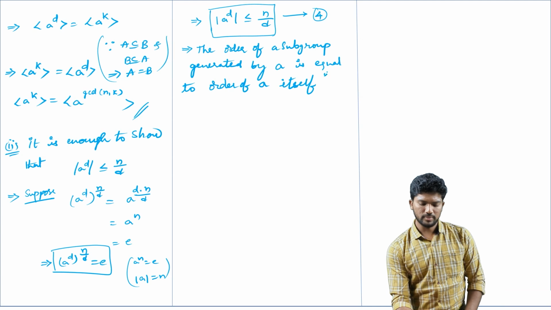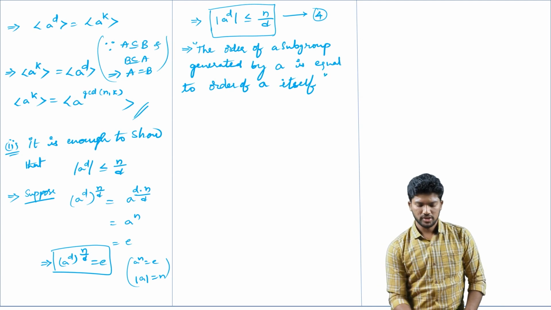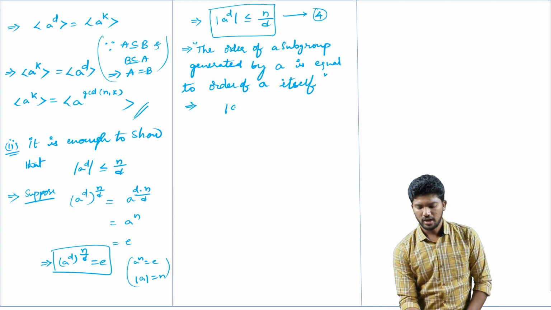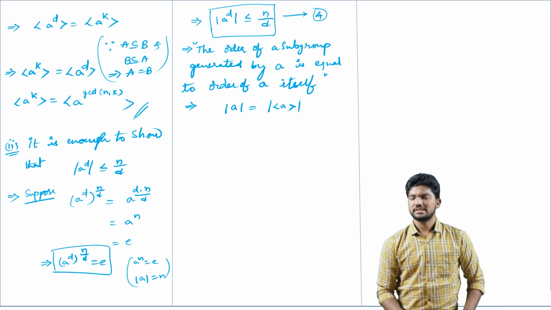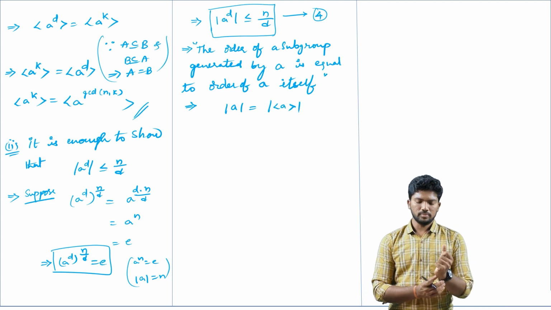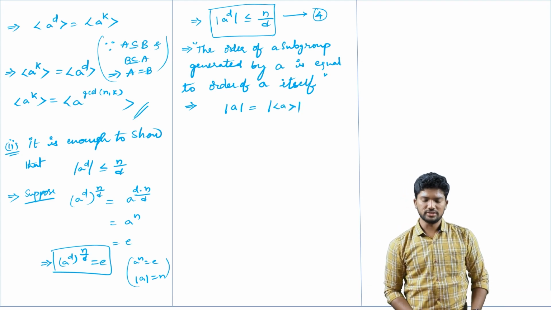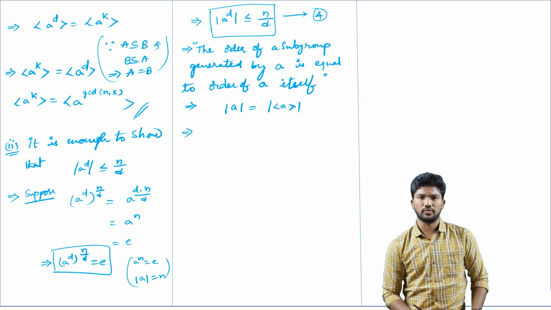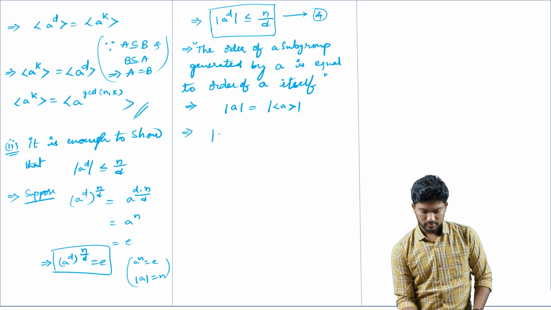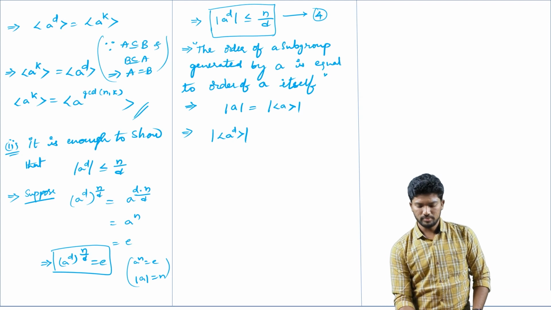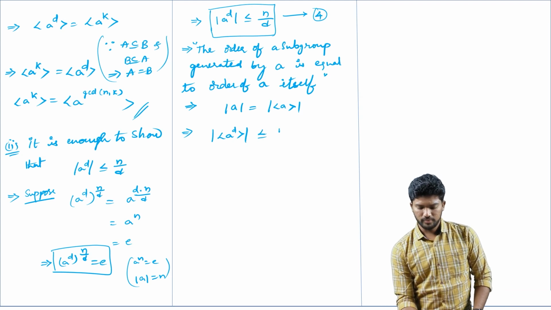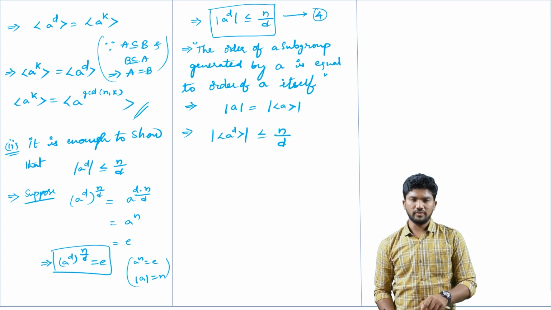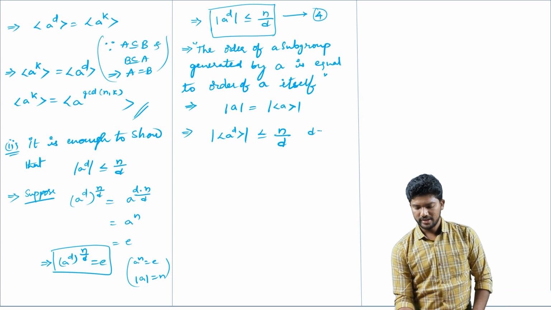It is one of the properties of a cyclic group. So mathematically we can write order of a is equal to order of the cyclic group generated by a. So by using this condition, equation number 4 can be written as the order of the cyclic group generated by a power d is less than or equal to n by d, where d is equal to GCD of n comma k.